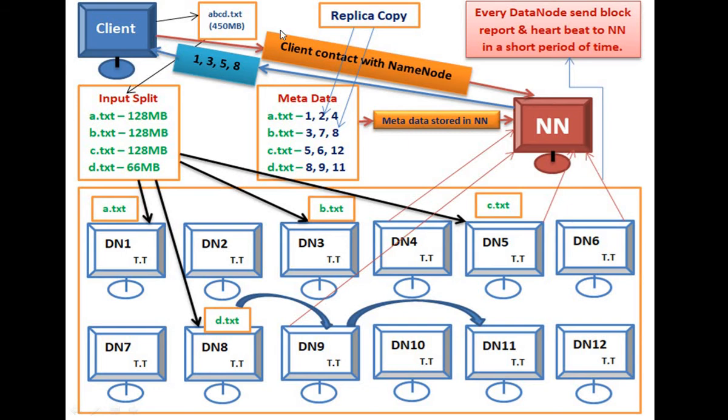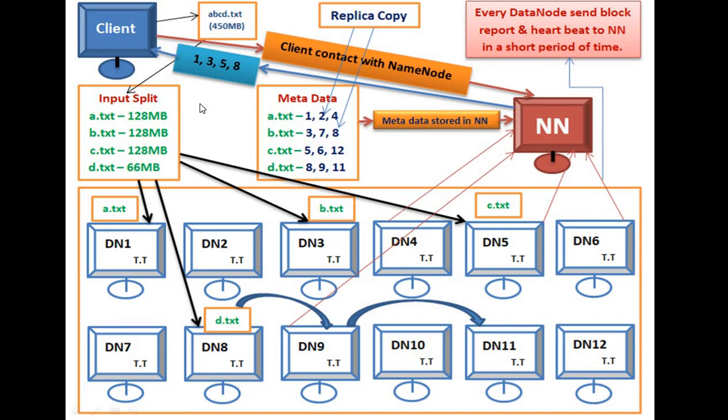So when this file is going to be stored on the DataNodes, what happens? First, Hadoop breaks this big file into input splits, known as chunks. How many input splits does Hadoop create? The number of input splits is equal to the size of the file divided by the block size.